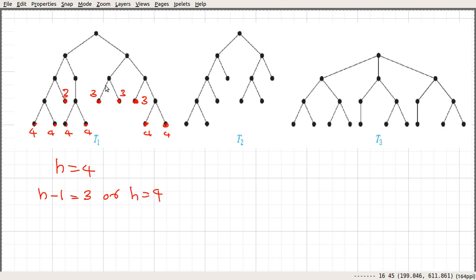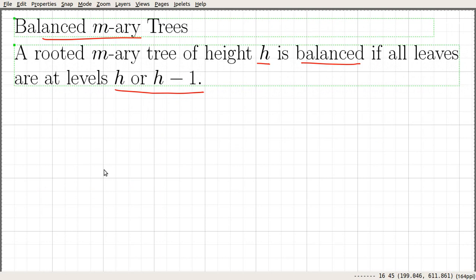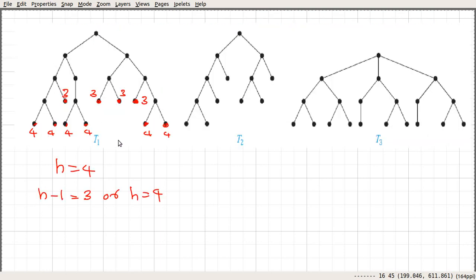We have these 4 leaves at level 3, which is h minus 1, and all other leaf nodes are at depth 4. So it satisfies the condition of this definition. So this is a balanced 2-ary tree.